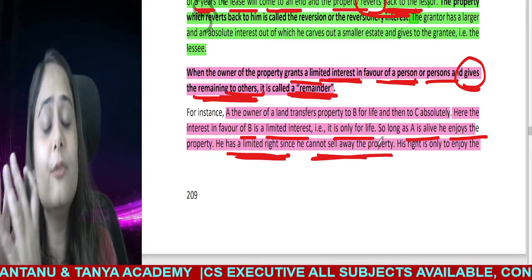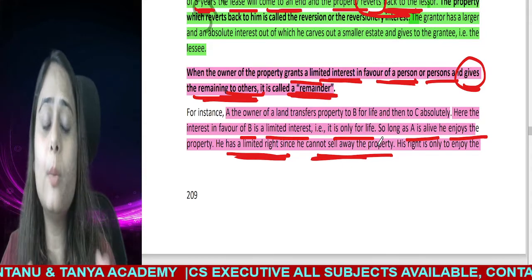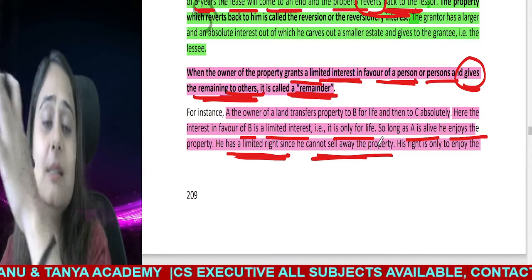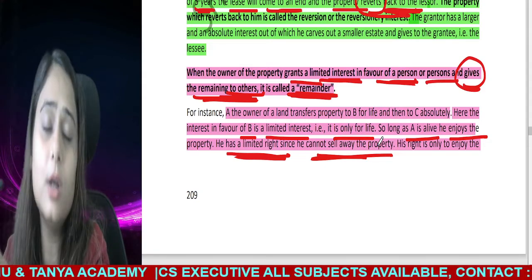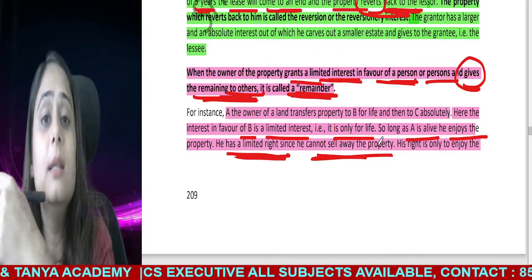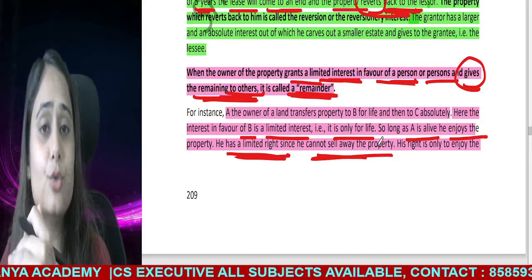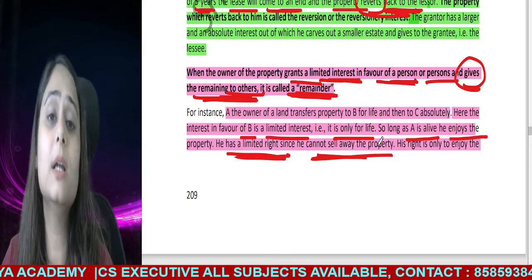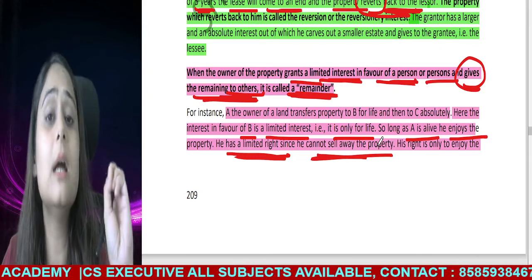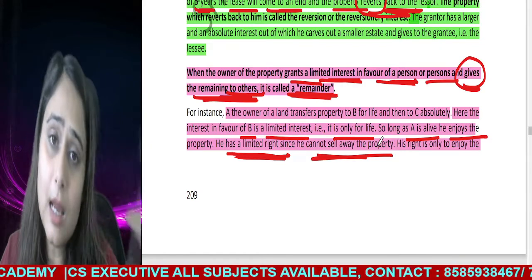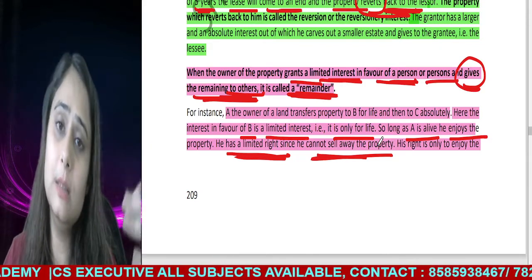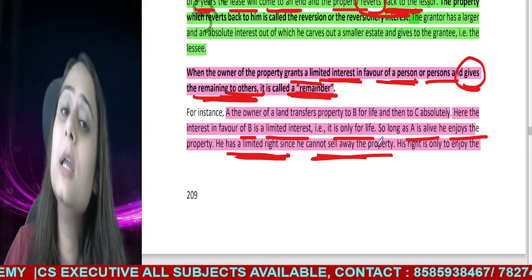Once A is not alive, he has to transfer absolutely. That means he has to transfer it to C, and C will become the absolute owner or the ultimate owner.